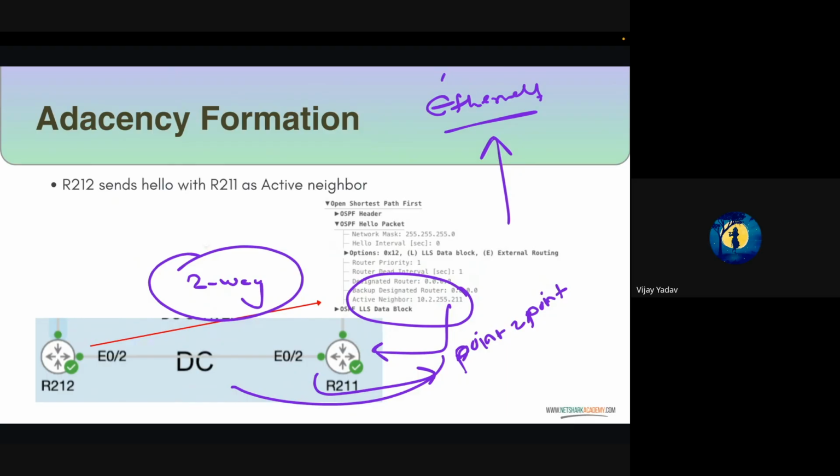After sending the hello, router 211 acknowledges the packet that router 212 has sent, and it will go from down to init state, and it will resend the acknowledgement packet to router 212. Router 211 goes from down to init state, and 212 goes from init to two-way state. Then how will router 211 go into the next state? Listen, so listen.